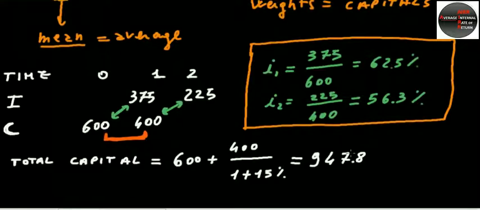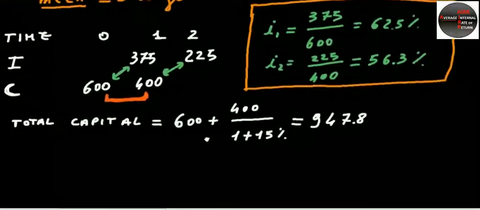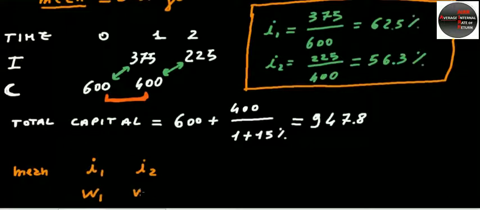Now we can compute the mean of the two holding period rates. The mean of I1 and I2 with the weights, we denote them by W1, W2. Now, how do we compute these weights?